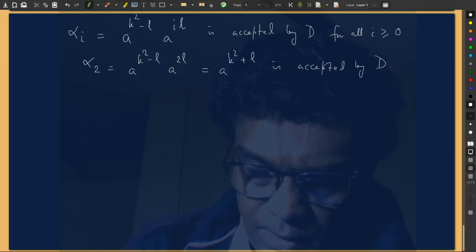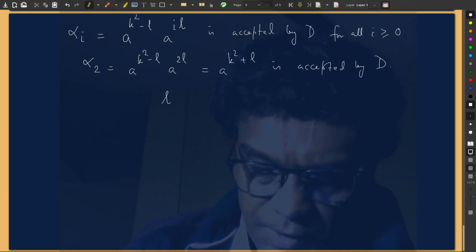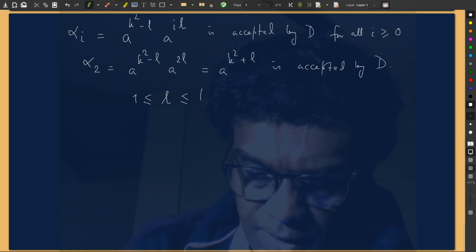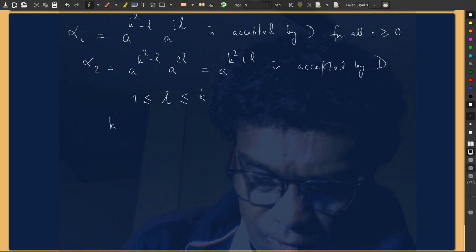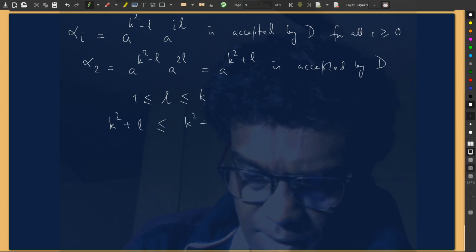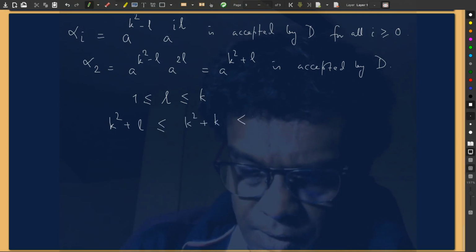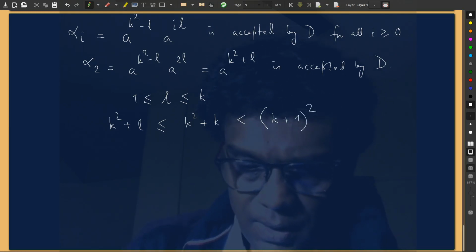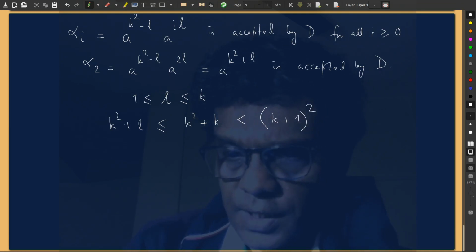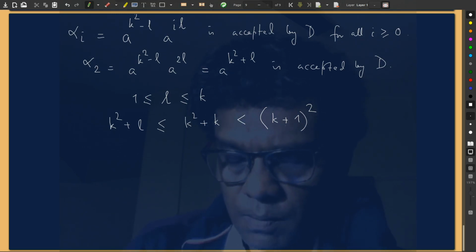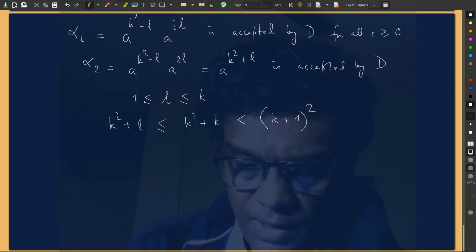But note that this length l that is pumped is bigger than 0, but no bigger than k. So k² plus l is less than or equal to k² plus k, which is strictly smaller than the next square, which is (k plus 1)². Since D is a machine for the given language L, it should not accept a string whose length is k² plus k, which is not of the form of a square.